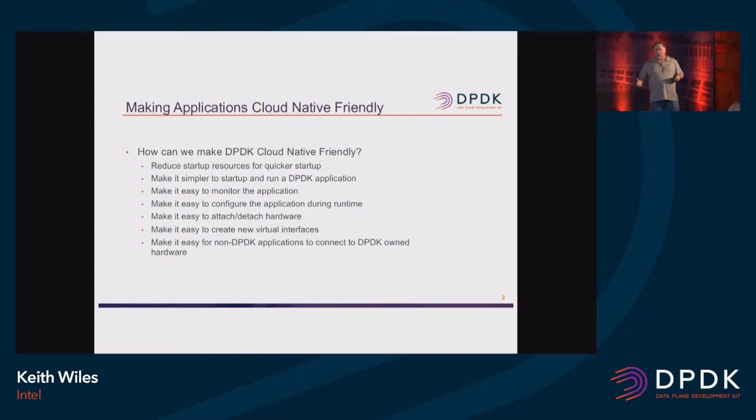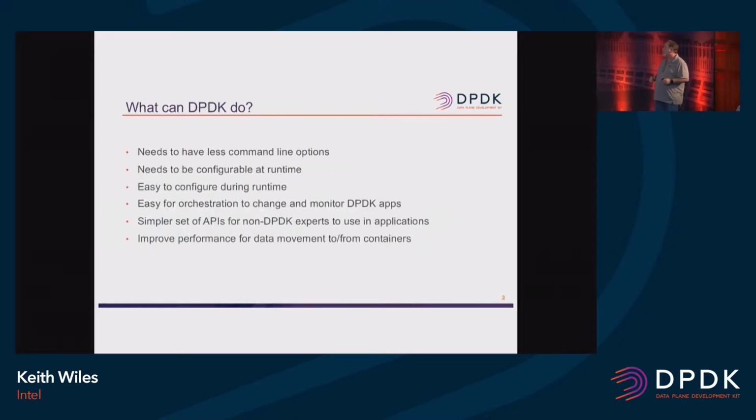And then there are some other pieces we're going to talk about, as to how to deal with non-DPDK experts programming DPDK. And it's just going to be an example. But one of the big problems is, how do you configure DPDK today at runtime, not at init time? We can always reduce the number of command line options, but that never happens.